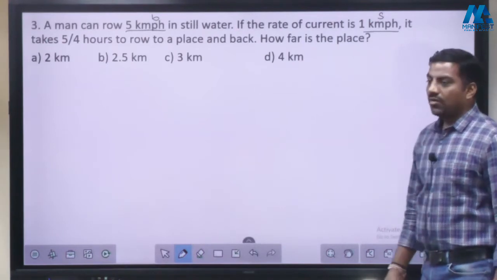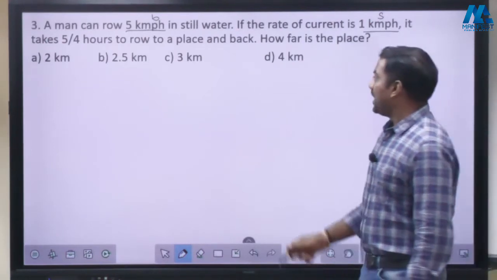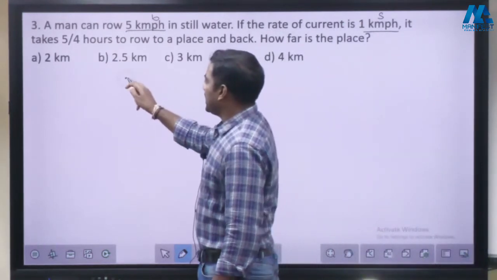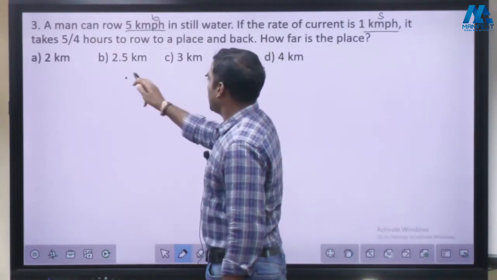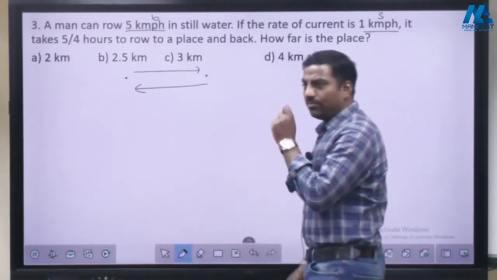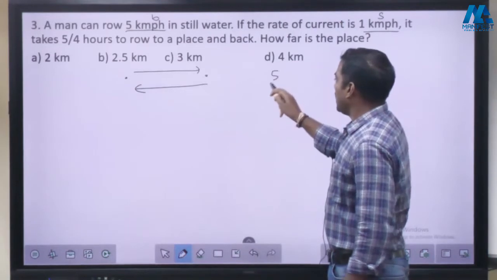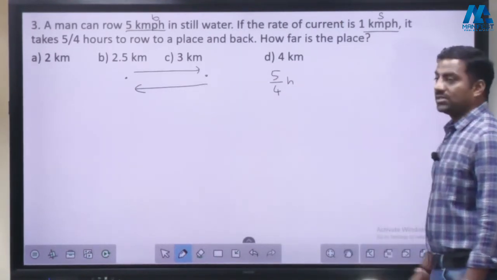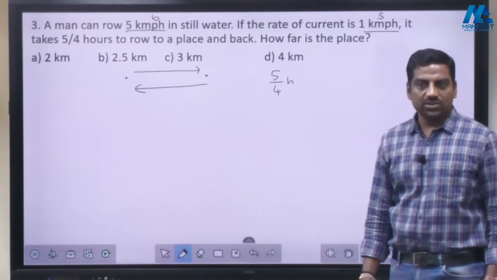It takes 5 by 4 hours to row to a place and back. So you are going from one place to another, rowing, and you are coming back. In how many hours totally? In totally 5 by 4 hours. How far is the place? Do you know the distance of this place?